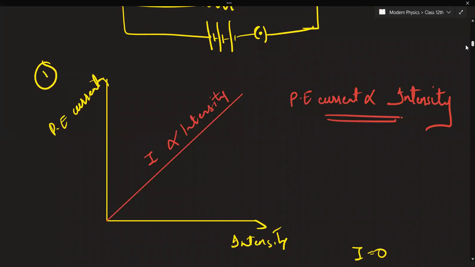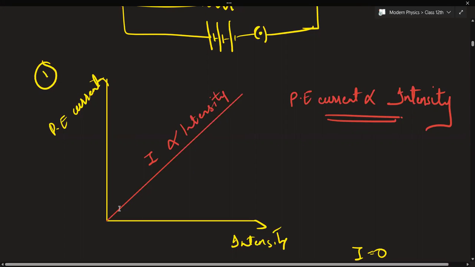Simply understand, if we allow radiations of a fixed frequency to fall on that plate, the vacuum tube that I had shown you, and the accelerating potential difference between the two electrodes is kept fixed, then you will notice that the photoelectric current is found to increase linearly with the intensity of incident radiation, as I have drawn in this graph.